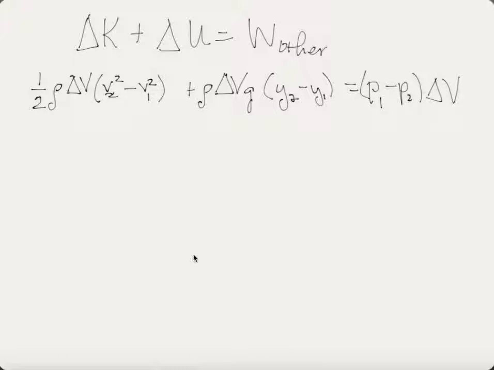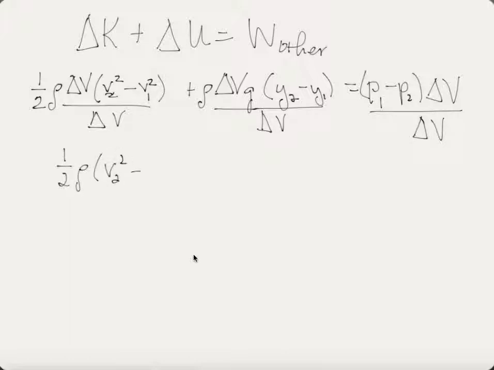We're just going to divide the entire equation by delta V. The volume doesn't change throughout. So what do we end up with? We end up with 1/2 rho times V2 squared minus V1 squared plus rho G times Y2 minus Y1 equals P1 minus P2.